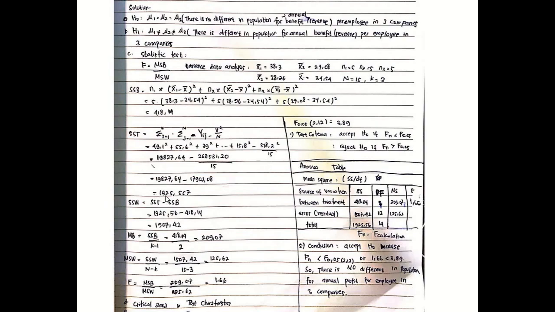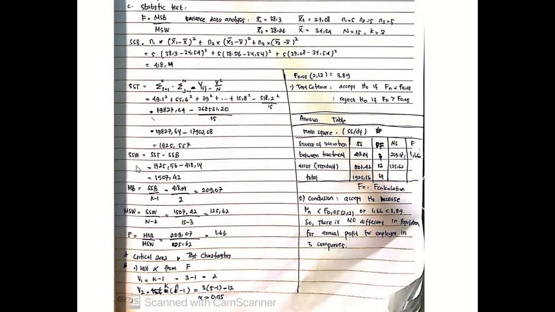We get the result 1925.557. We continue to the SSW, whose formula is SST minus SSB.